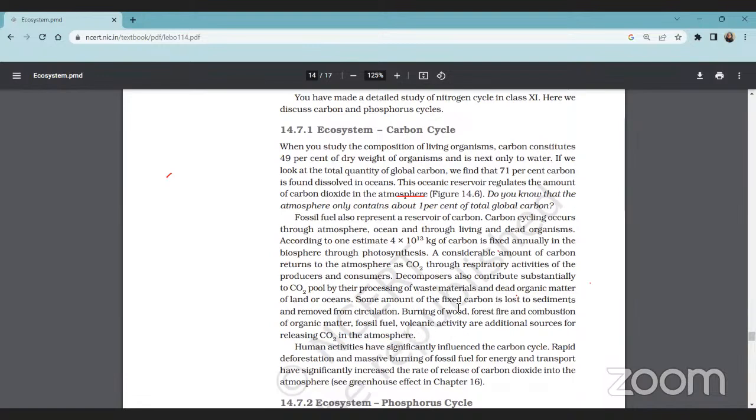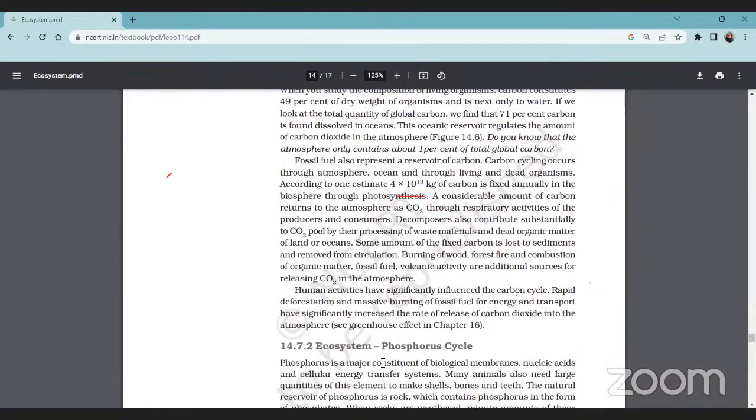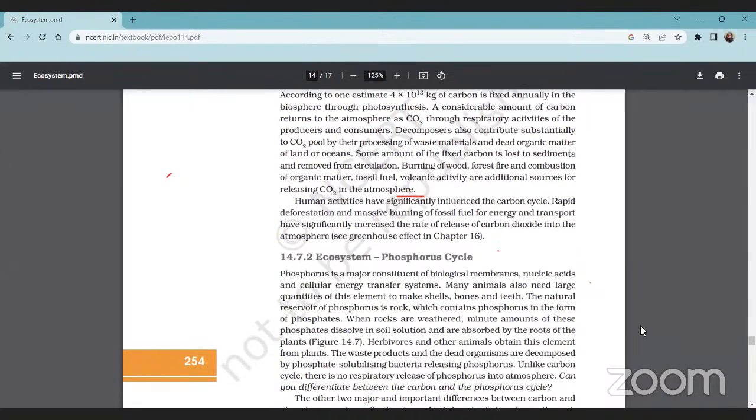Carbon dioxide is released by using fossil fuels, like petrol or kerosene, and by the burning of wood and forest fire. These all release CO2 into the atmosphere. Human activities have significantly influenced the carbon cycle.